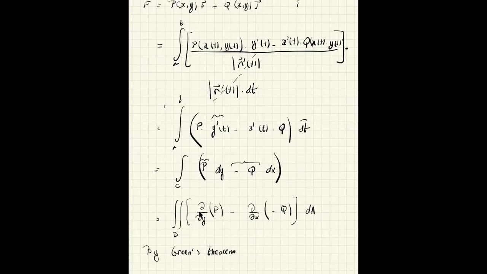Sorry, I was just confused here, which is legitimate. So here, let me write this one as the integral over C of minus Q dx plus P dy, right? Now by Green's theorem, right?